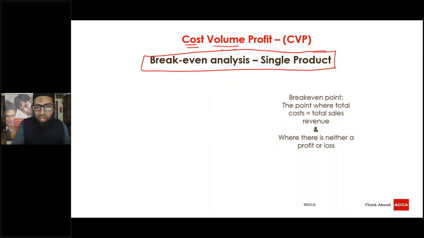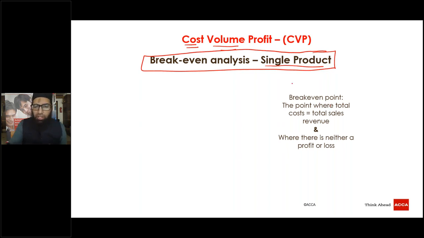And first of all, I will be discussing the break-even point of a single product. The definition of a break-even point is the point where total cost equals total sales revenue, or we can also say where there is neither profit nor loss.